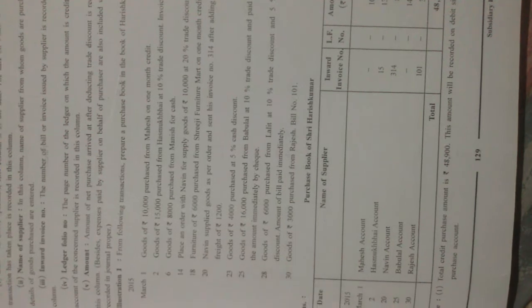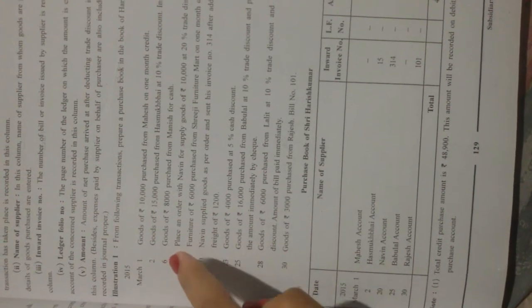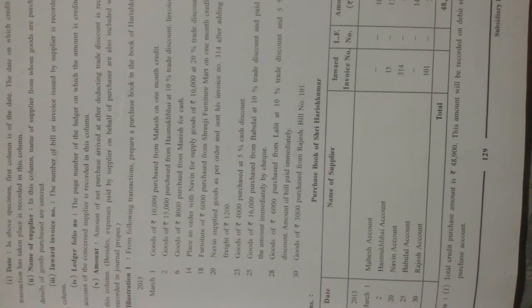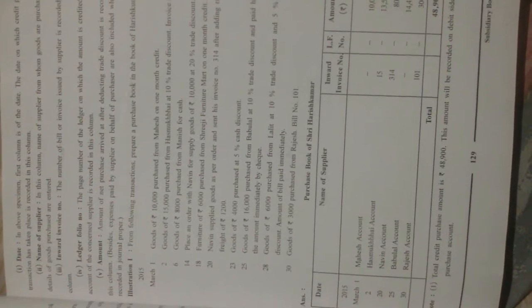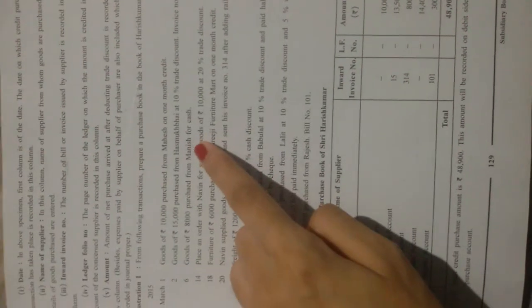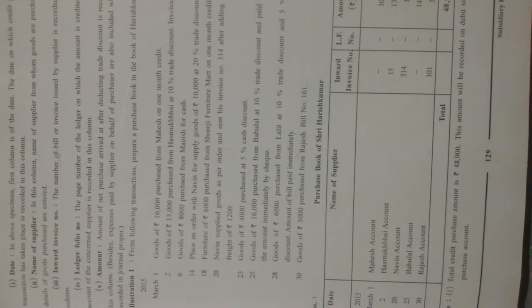Now let's move to the third transaction, which happened on 6th of March. Goods of rupees 8,000 were purchased from Manish for cash. So here again goods are purchased from Manish. Yes, Manish is a third person, but the purchase is for cash.